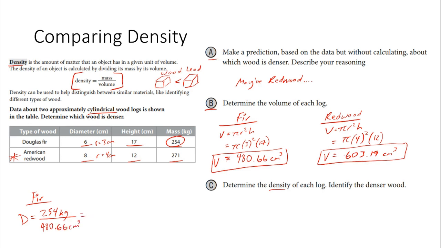All right, in your calculator, real quick, 254, you should probably be doing this with me, divided by 480.66 cubic centimeters, and you should get a density of 0.528. And again, that's kilograms for every cubic centimeter.